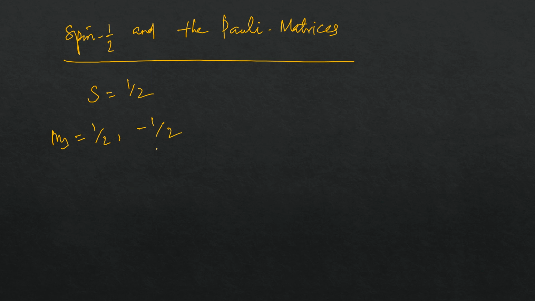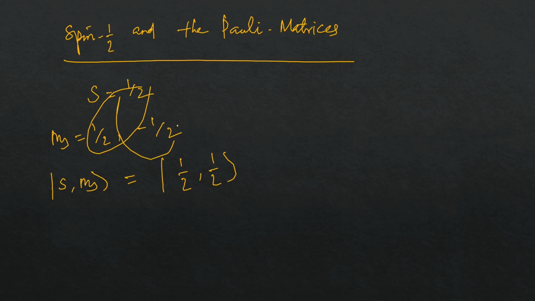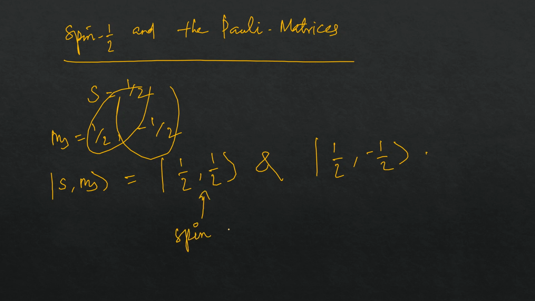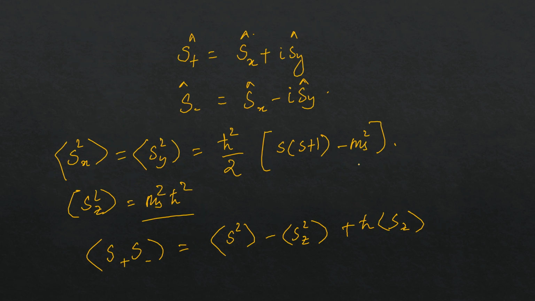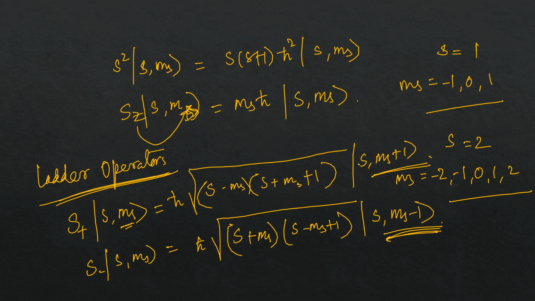So I can write the eigenvectors |s, ms> as |1/2, 1/2>, that is this one, and |1/2, -1/2>, isn't it? This is spin up. This is spin down. So now we will apply all the formulas that we have studied so far.